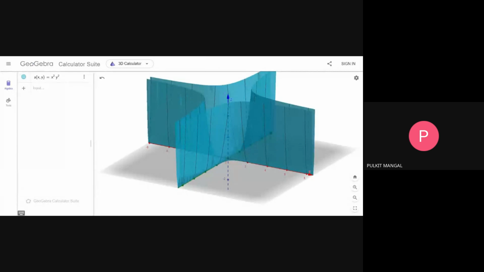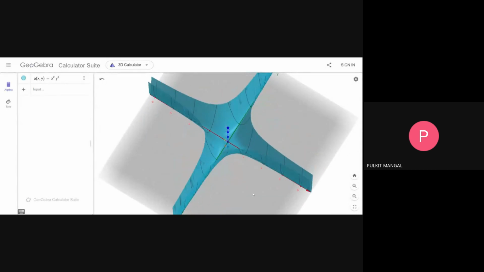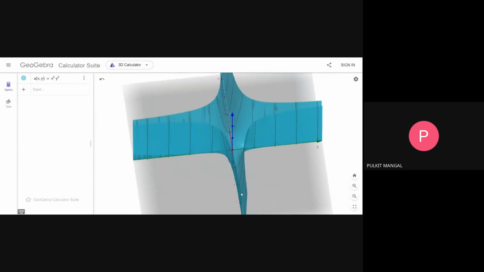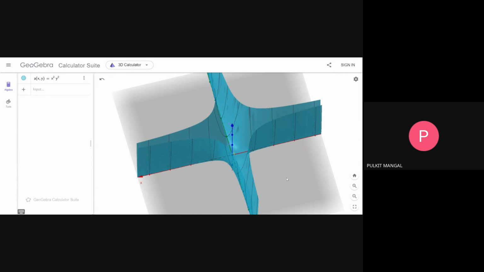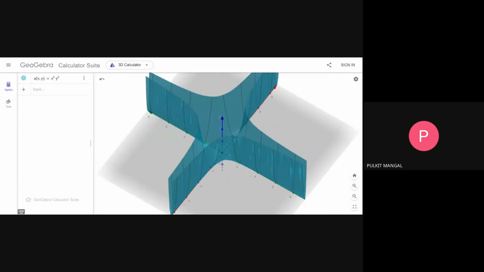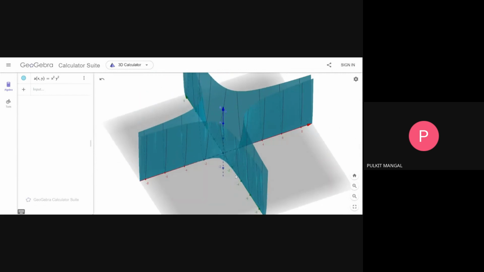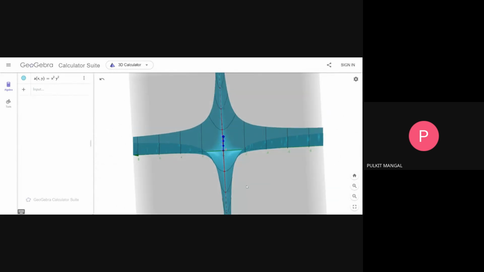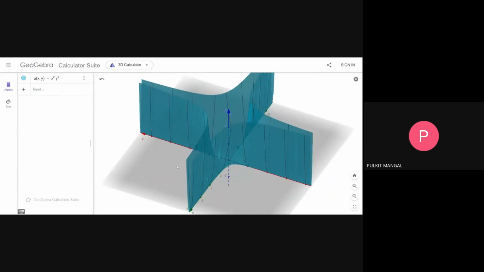The GeoGebra screen, yes, sir. So this is how the function will look for x square y square. For each point in the function, it will be only in the upward condition. So that's how it is going.